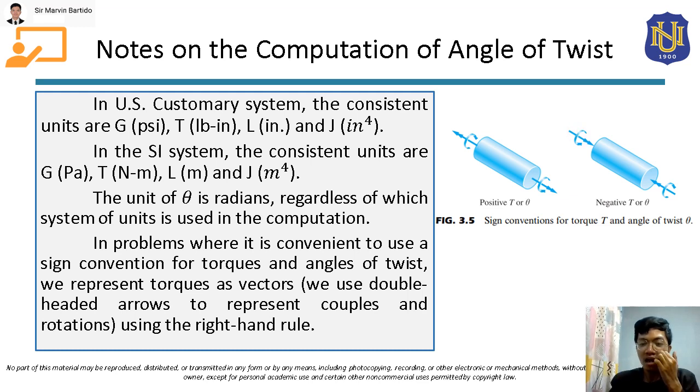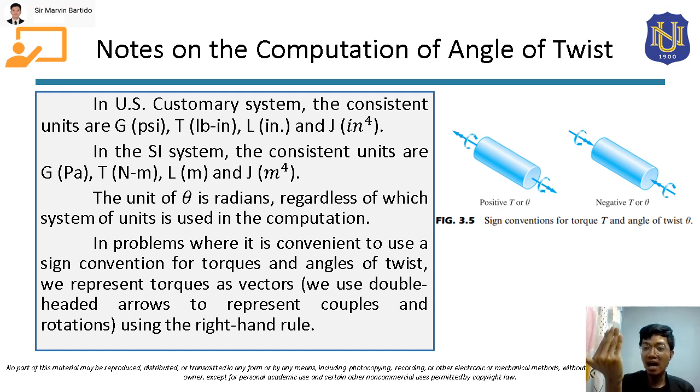Class, to know how to assign the direction of the double-headed arrow that will represent the torque, we are going to use the right-hand rule. Let's say this is our right hand. For this cross-section, the torque here is counterclockwise, right? So in our right hand, the counterclockwise rotation will be like this.